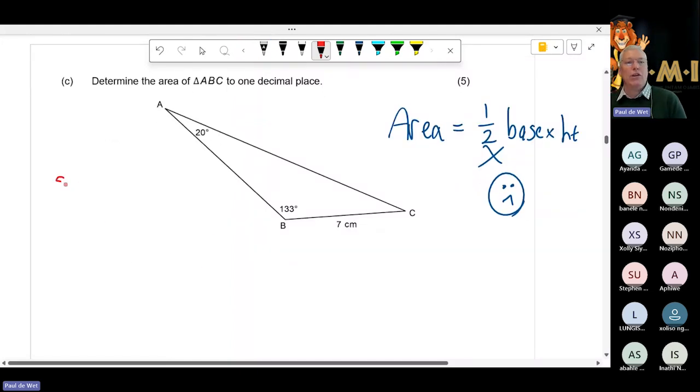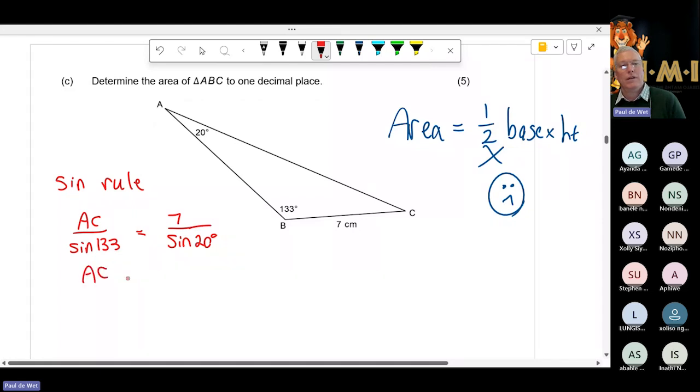Okay. AC over sine 133 is equal to 7 over sine 2. Okay, well done. Then I found AC with 14,97. Okay, great. So now what we've got, we know this is 14,97.